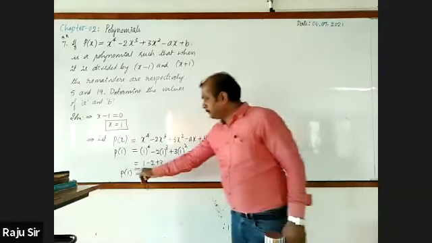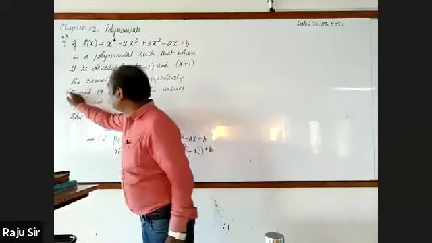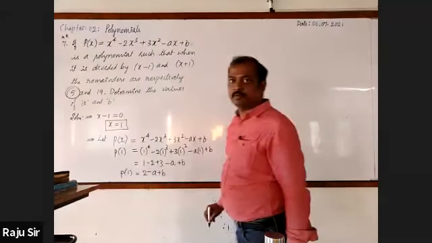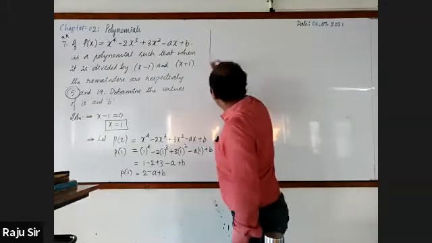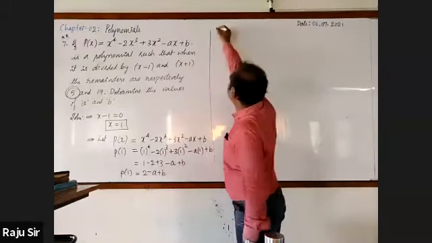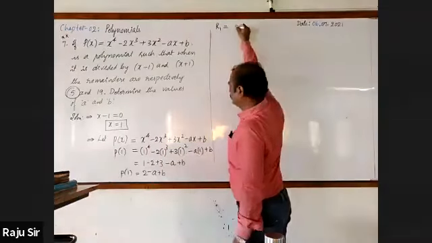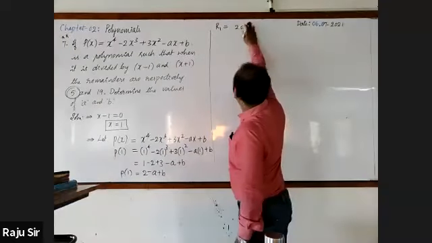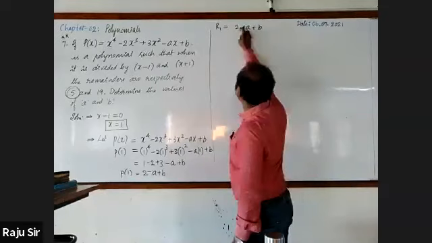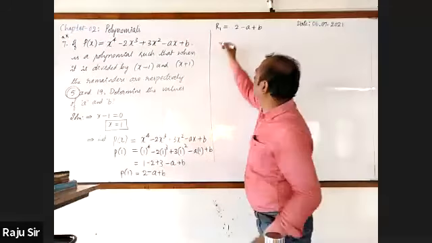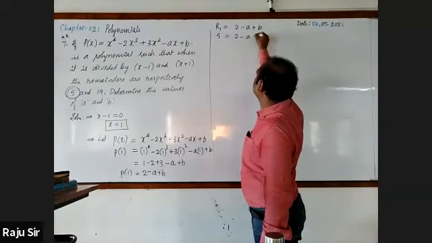By remainder theorem, P of 1 is the first remainder. What is the first remainder? 5. So I take P of 1 as R1, the first remainder. This is equal to 2 minus a plus b, where the first remainder is 5. So 5 is equal to 2 minus a plus b.